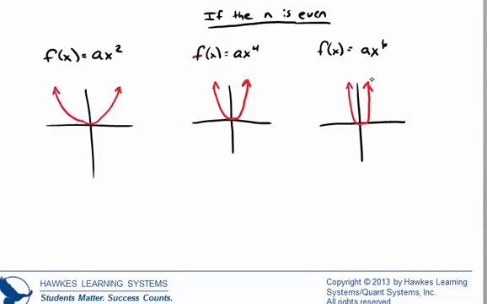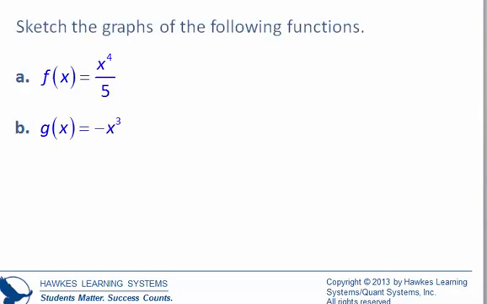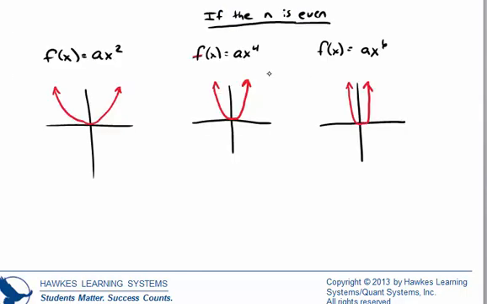So keeping that in mind, our first example asks us to graph f of x is equal to x to the 4th over 5. Now, what we want to keep in mind here is that this function is really 1/5 times x to the 4th. And we know what the graph of x to the 4th looks like because we've already sketched that one out.